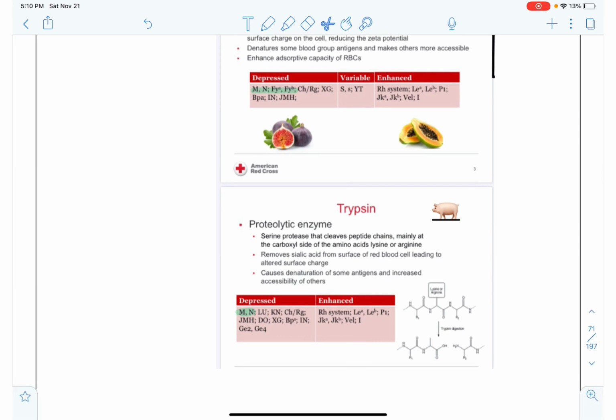It's derived from hog's intestine, and it's a proteolytic enzyme that cleaves peptide chains. So this one depresses the M and N. And so we can use this as an advantage during our investigation if we need to rule out Duffy, for example, the Duffy system.